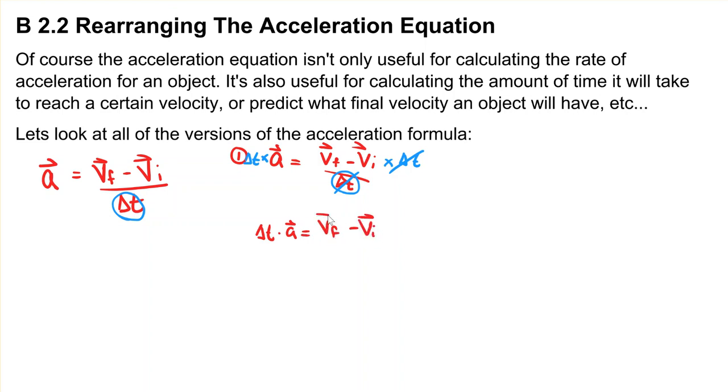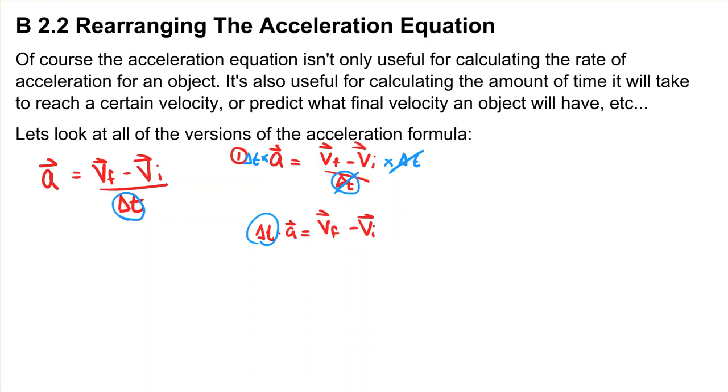Now this is really important because with this version of the equation, we can do anything from here. There's no denominators. We can either add or subtract, or we can divide. Remember, we want delta t all by itself. So to get rid of the other variables beside it, we do the opposite operation.